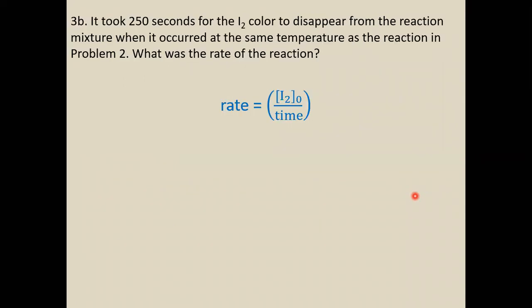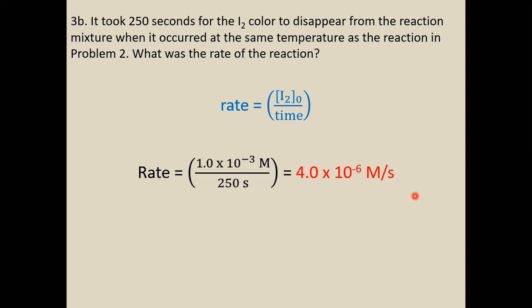We are still going to use that same equation 5, where we have the initial concentration of iodine divided by the time. That will give us the rate of this reaction. Now that we have two rate values, we can start looking at the orders of the reactants and solving for them.